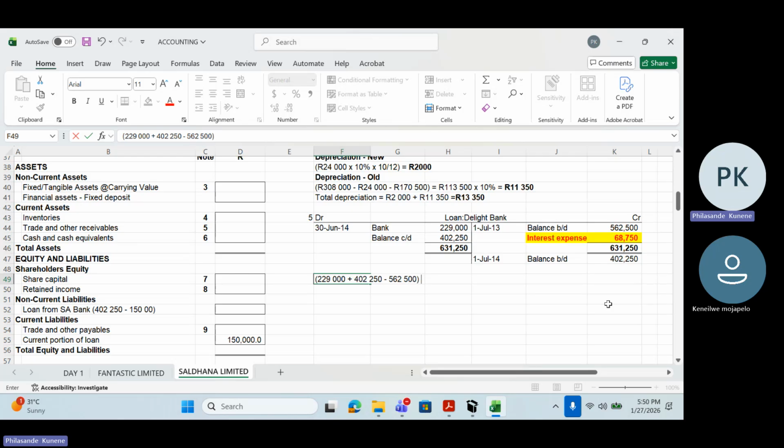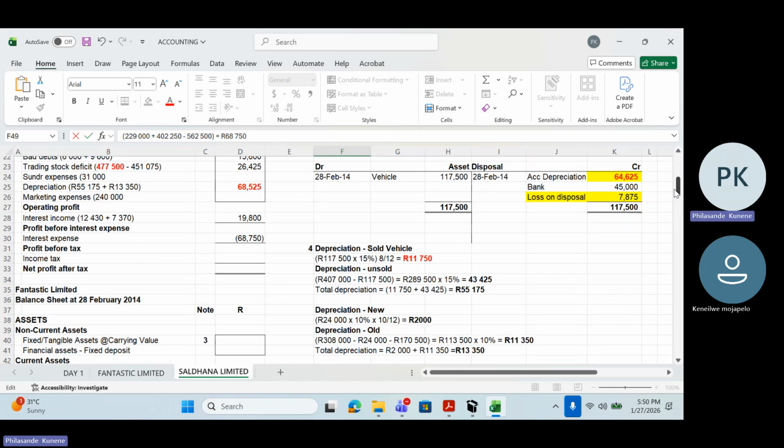Then how much am I getting? I will still get the 68,750, which is the same amount that we got on the T account. So we can take this as workings on our income statement, because you can't put a T account there.